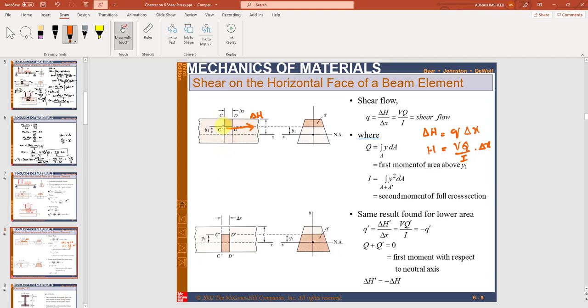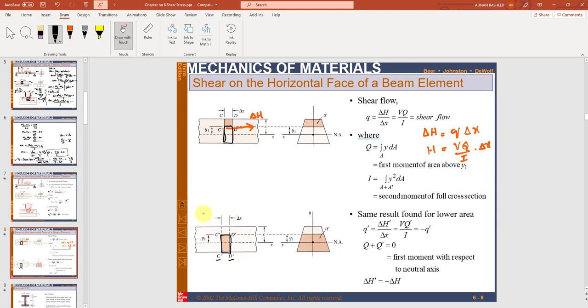Now if we take the remaining portion, let me show you this. If you take the remaining portion of the beam section and you want to calculate the shear force on it, this is the portion shown, C dash D dash divided over C double dash and D double dash.